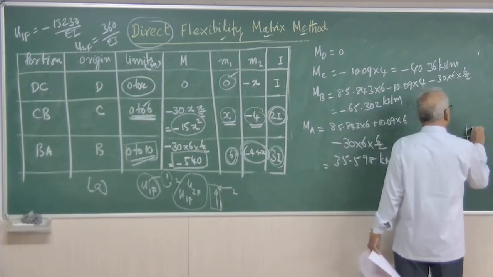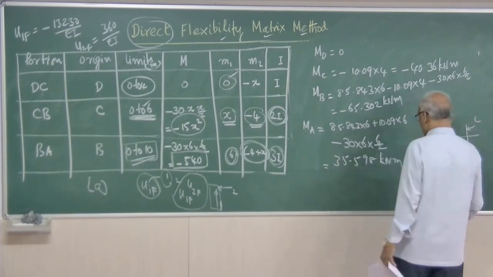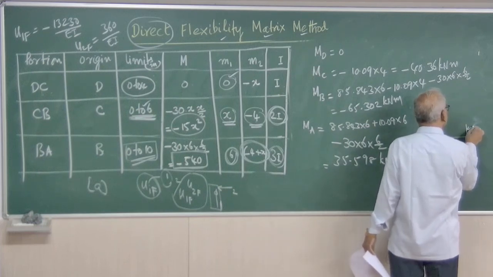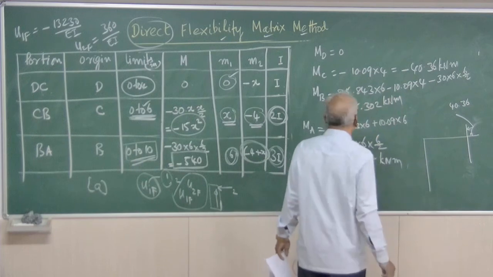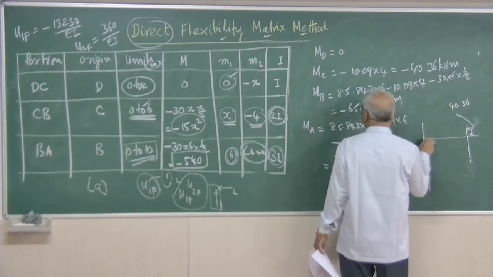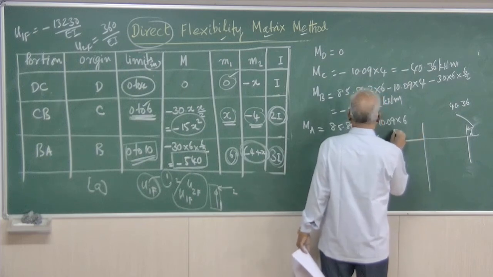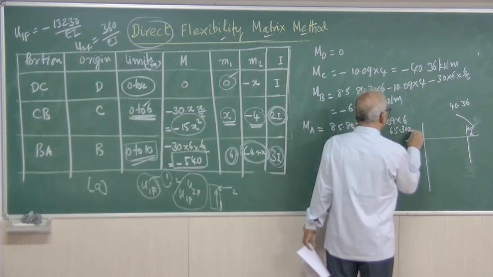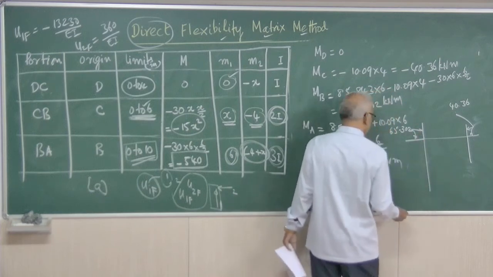This value is 40.36 kilonewton meter. MB is again minus, therefore in the beam it will cause tension at the top, and in the column tension on the outside. This value is 65.302.